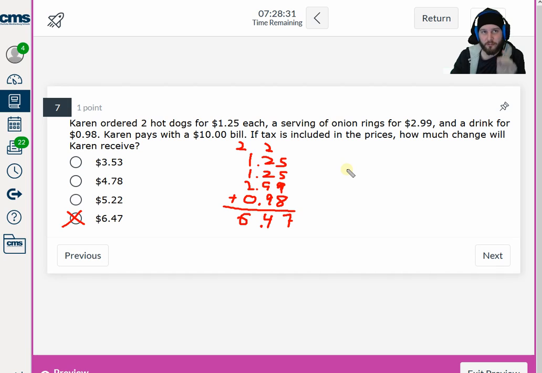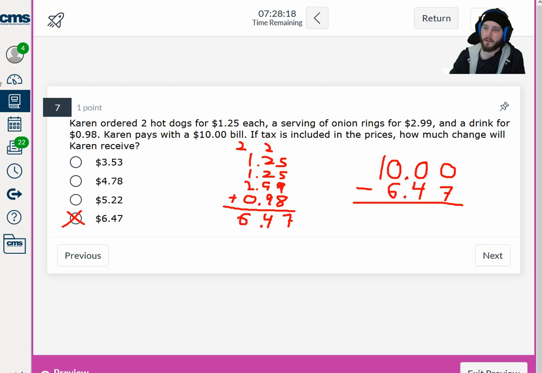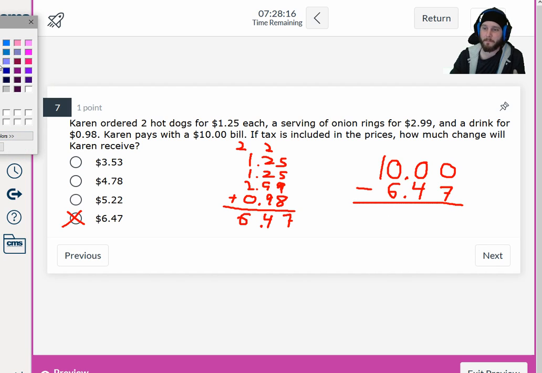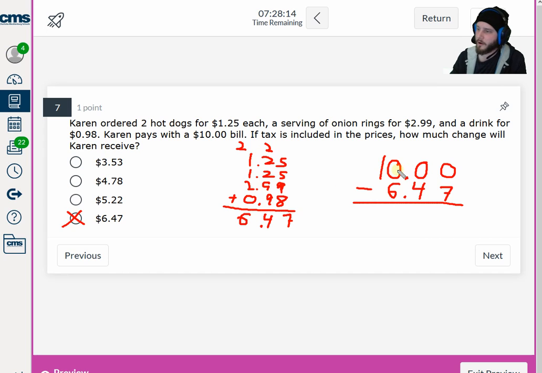We want the change. That's how much she had to pay, but she used a $10 bill. So we're subtracting $6.47 from $10. So here we have to do a bit of borrowing. We can't borrow from any of that, so we have to start by making that into a 10. Borrow, make it a 9, and now this is a 10.